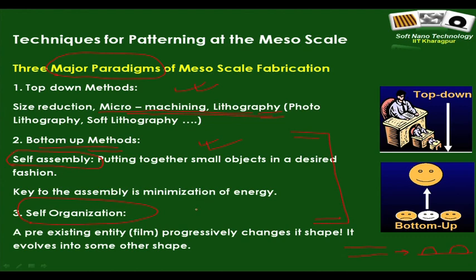They are driven by a desire for energy minimization. So, you all know from thermodynamics that a natural process always works towards energy minimization. Of course, in a top down approach, you apply energy from outside to achieve your desired structures.